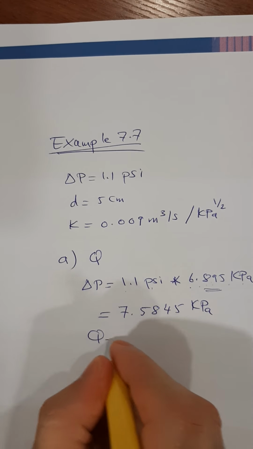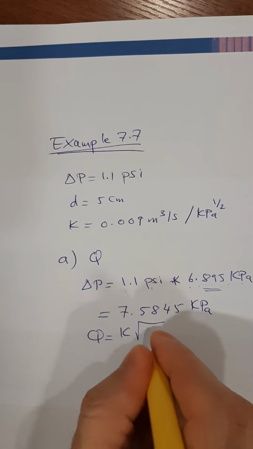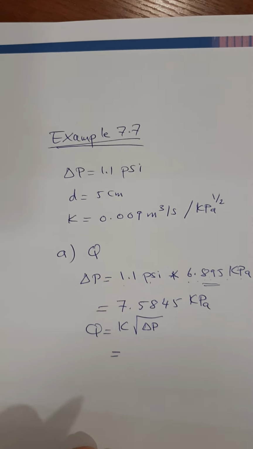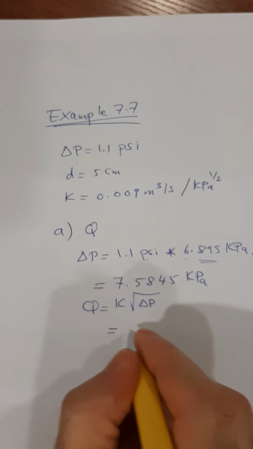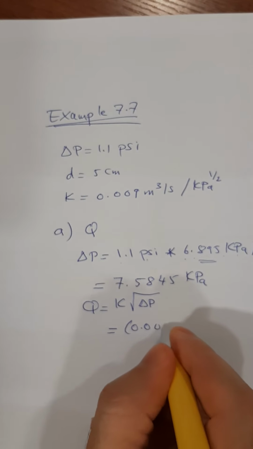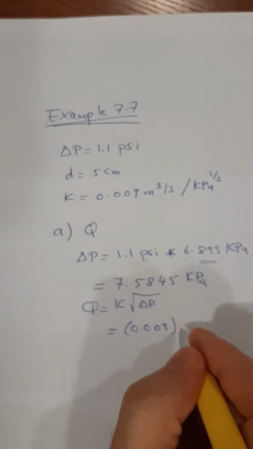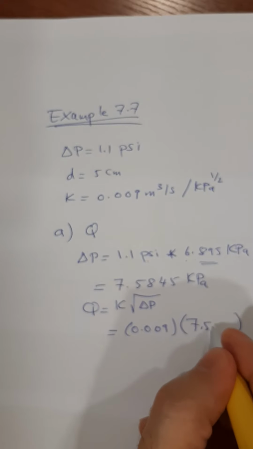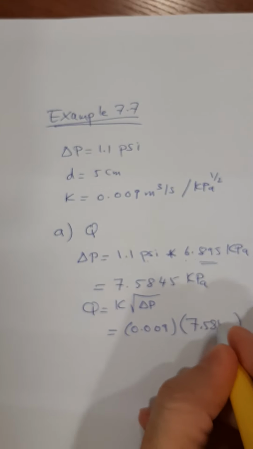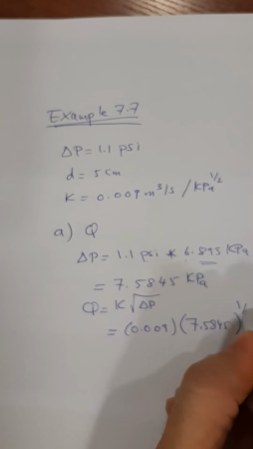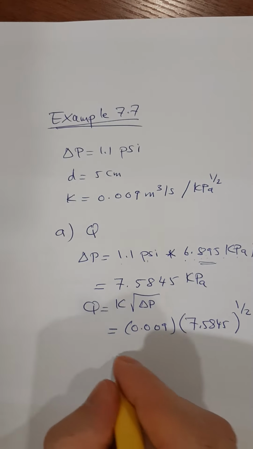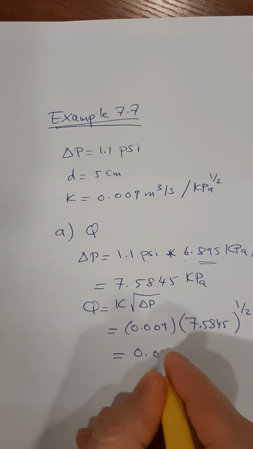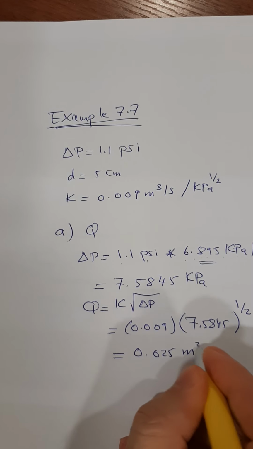Then Q is equal to K times the square root of delta P. So in this case, this is equal to 0.009, this is the constant K, times the square root of 7.5845, and this is equal to 0.025 meter cubed per second.